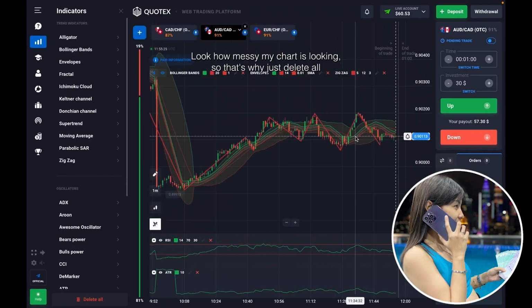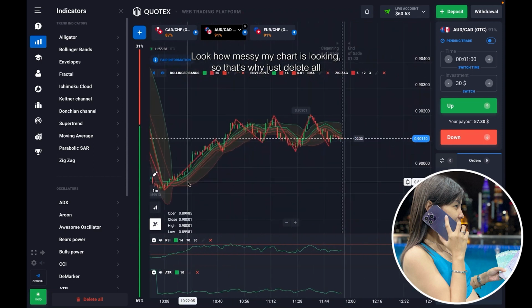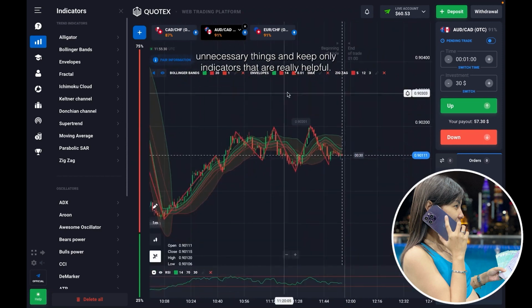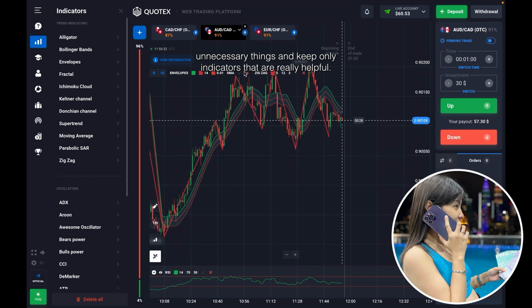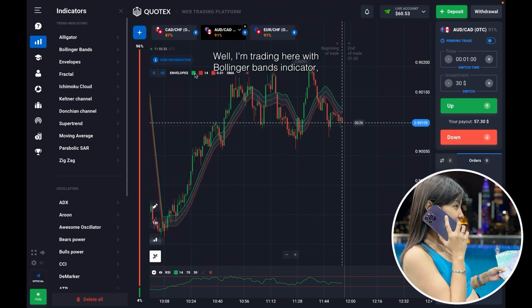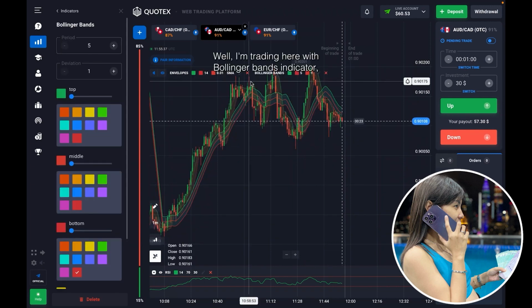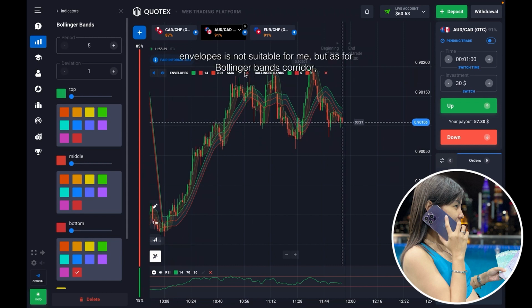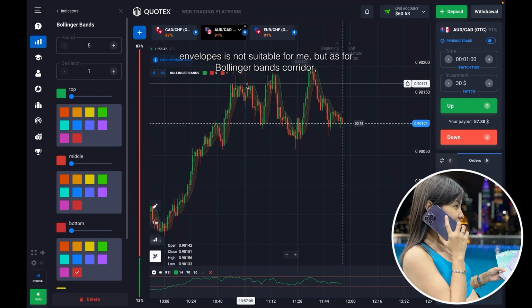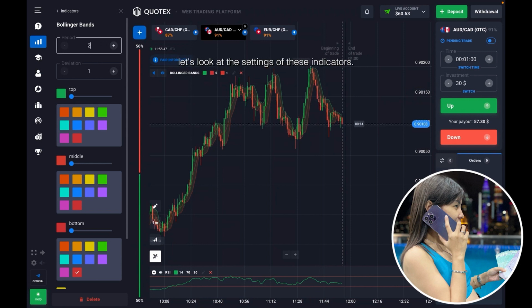So look how messy my chart is looking. That's why you delete all unnecessary things and keep only indicators that are really helpful. And I'm trading here with the Bollinger Bands corridor indicator, and this channel is not suitable for me, but as for the Bollinger Bands corridor, let's look at the settings of these indicators. I prefer changing the period to 20, for example.